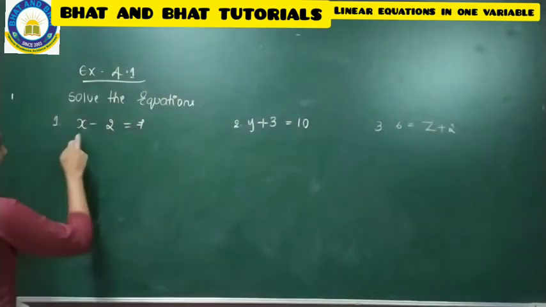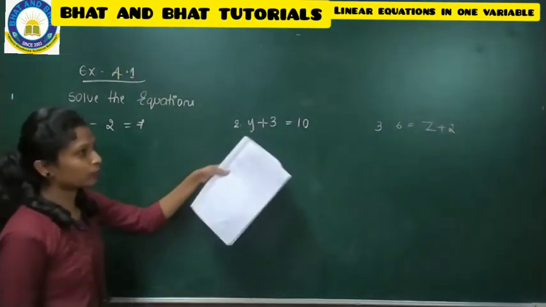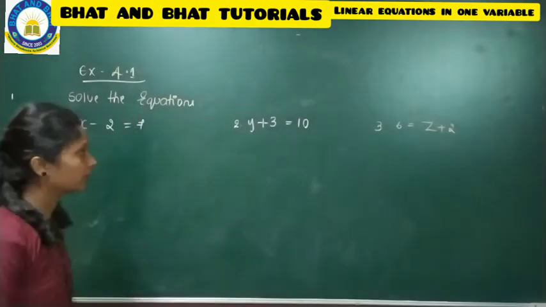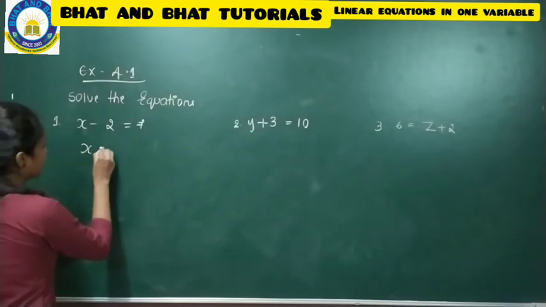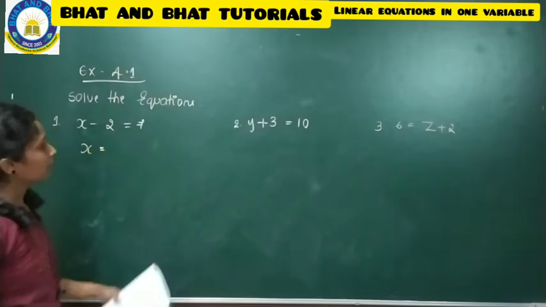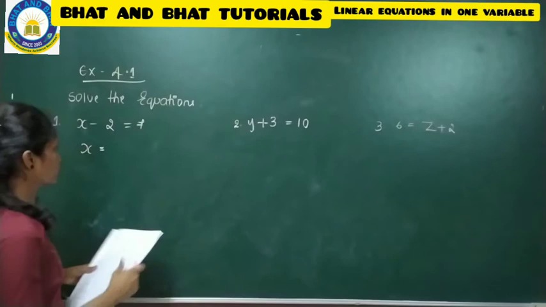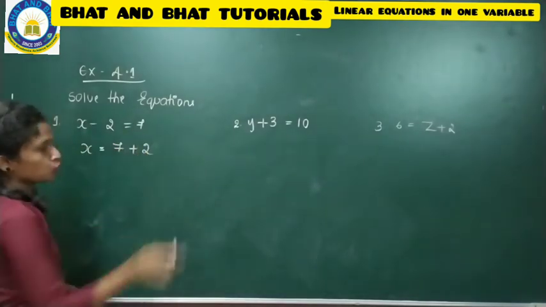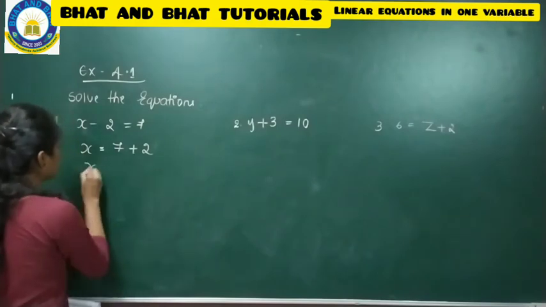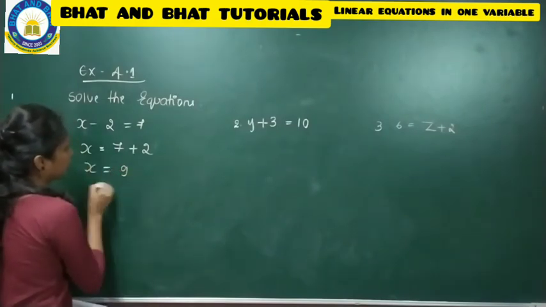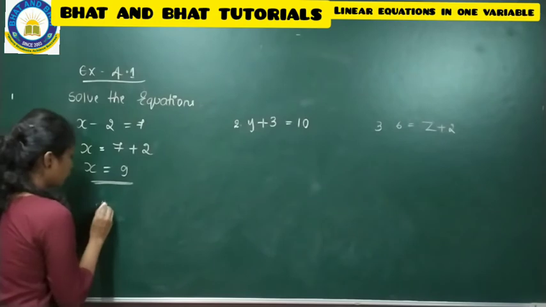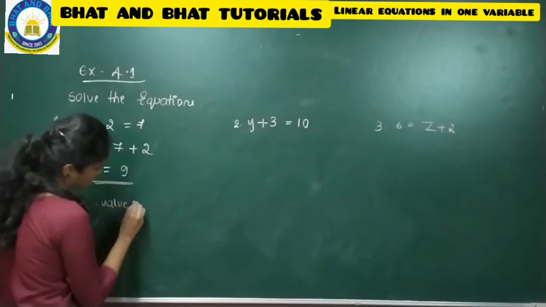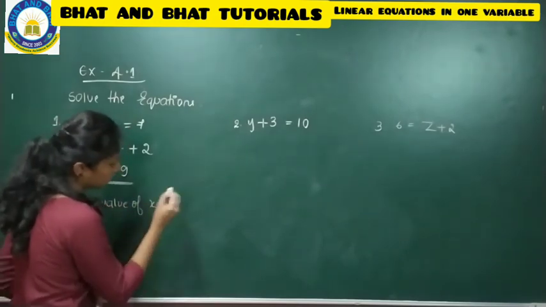See here, x is a variable, y is a variable, z is a variable. So take the variable on your left hand side. But here you can see there are numbers. So add up that 7 plus 2. So minus 2 will become plus 2. So x is equal to 9. So therefore the value of x is equal to 9.